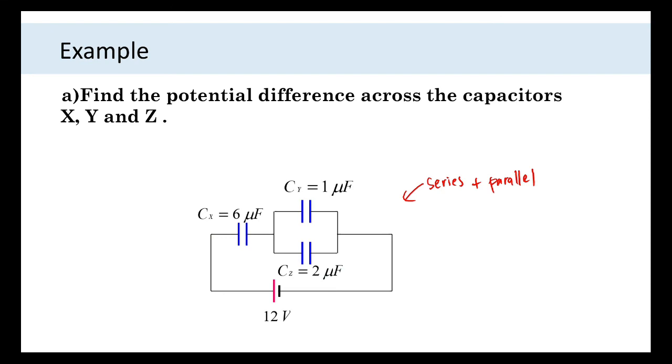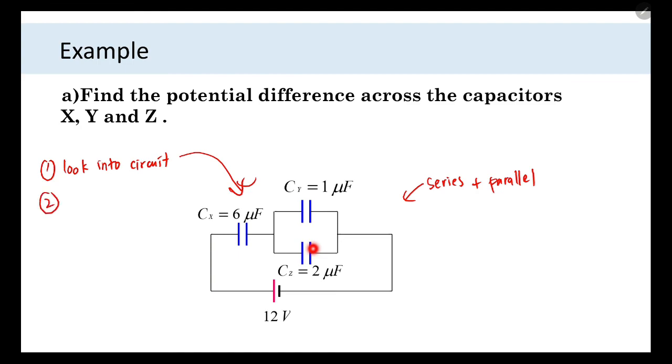When we have this kind of question, what we need to do first is look into the circuit. If the circuit is series or parallel, to find the C effective you need to use the series formula or the parallel formula.